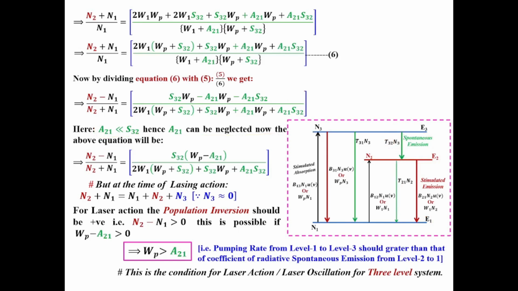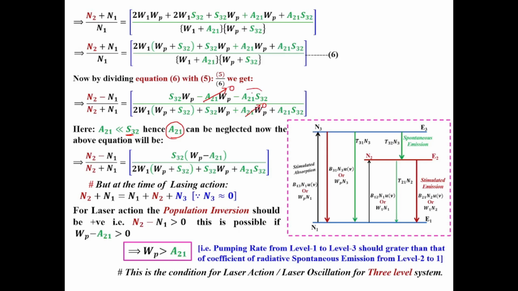Okay, so to maintain the population inversion between E2 and E1, it is considered that this spontaneous transition is less as compared with this spontaneous transition. This one is radiative and this is non-radiative, right? So if it is so, then we have to neglect this A21 as compared with S32. So this term will be neglected, this term will be 0, and here this term also will be 0, right?